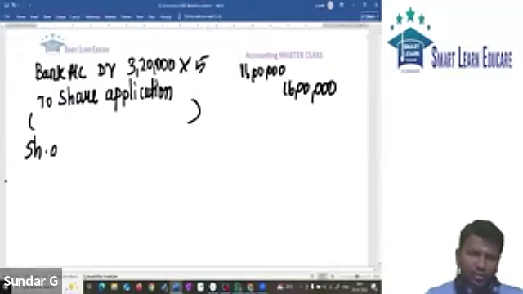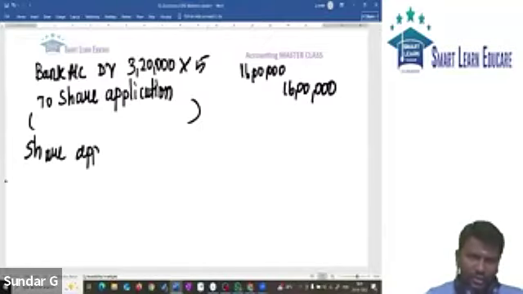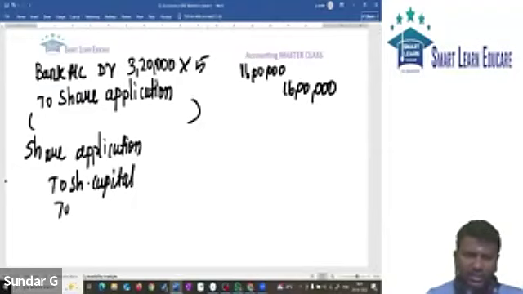Next entry. Share application account debit to share capital. Since rejection is there, entry to bank. Since pro rata allotment is made, to pro rata.